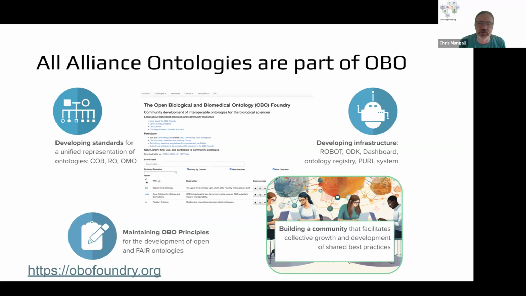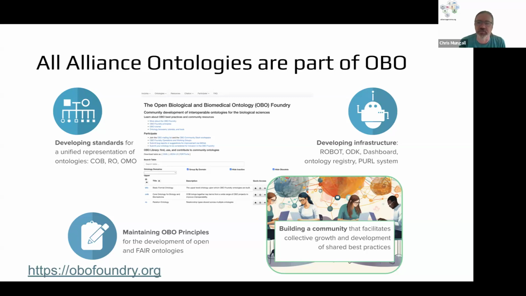A lot of the original ontologies came from FlyBase. Michael Ashburner was instrumental in developing a lot of these, and OBO has since grown into both a social mechanism and a technical mechanism as well. We use this to develop standards to help all of these different ontologies work together, and we also built tooling to help people build the ontologies and make them conform to the standards.